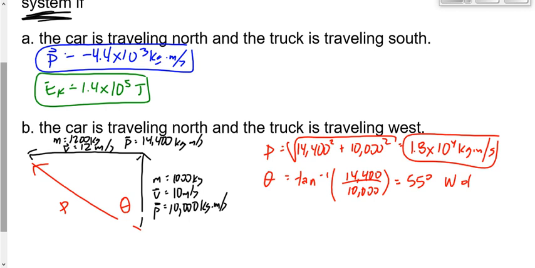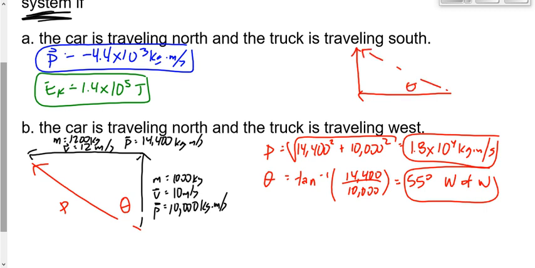That would be 55 degrees west of north because of where I have the angle drawn. Had I drawn it like this, then my angle would have been 35 degrees north of west, which would have been fine, right? This is just consistent with the way that I drew it.